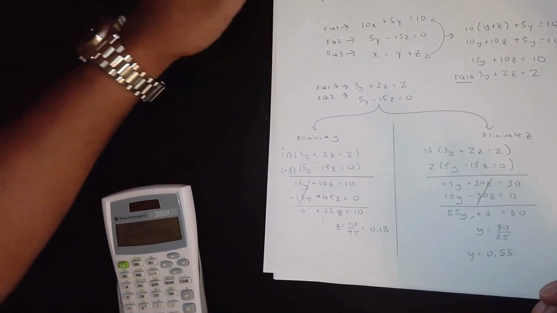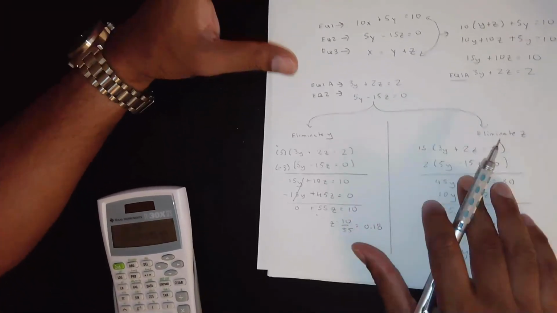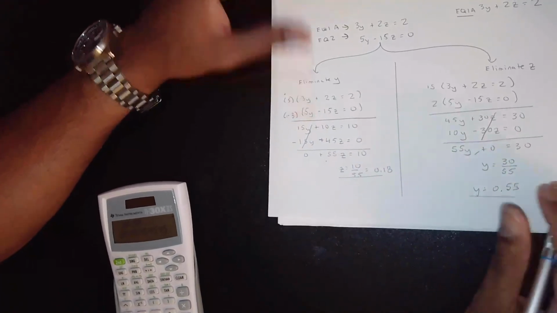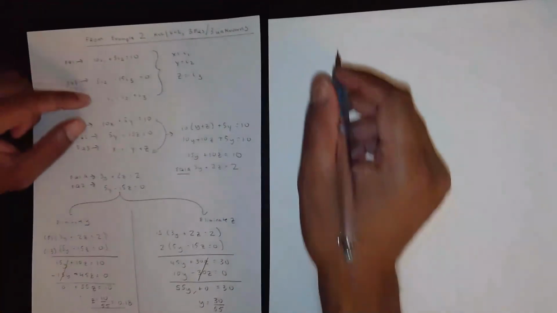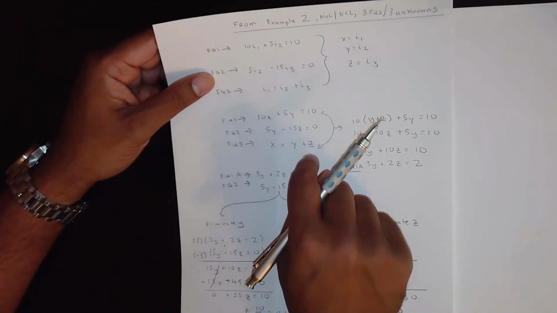Okay, so now we solved for z, we solved for y, we need to solve for what? X. Okay, another sheet of paper. If we look at our equation, x is equal to y plus z. I can plug it in anywhere and get the answer, but x is equal to y plus z. It's kind of solved for us.